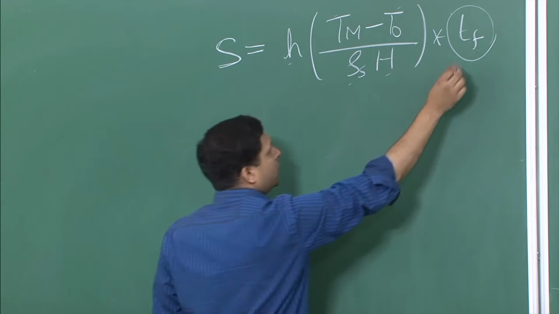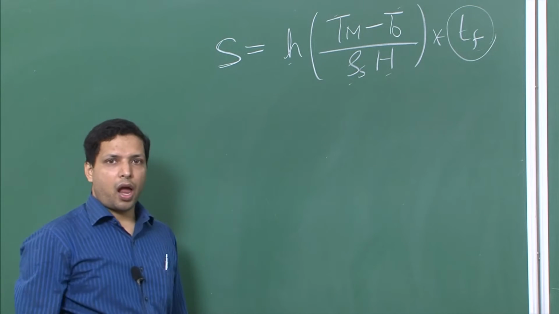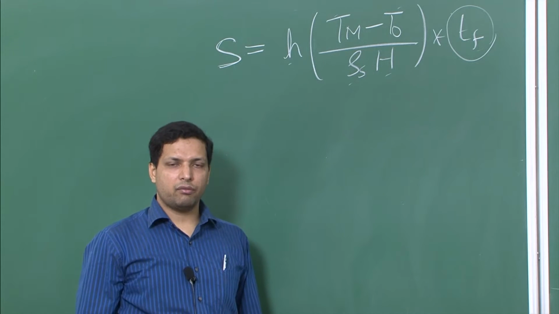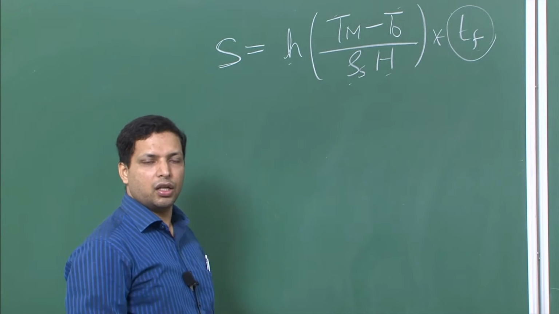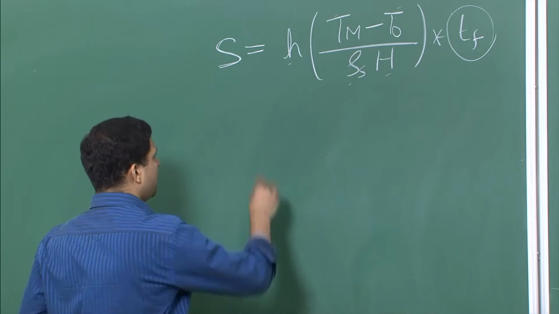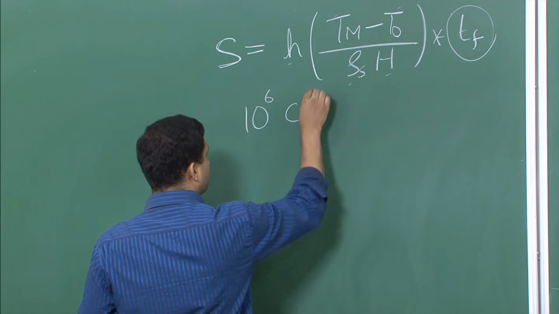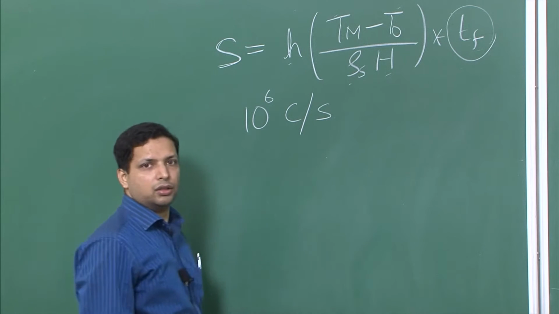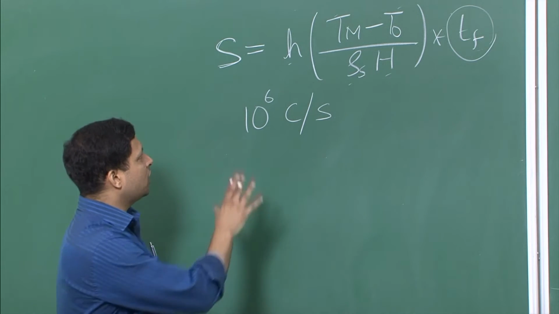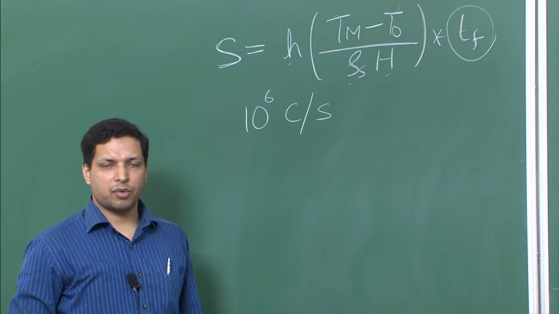So we don't know this, and what we have been asked is to relate it with cooling rate. Cooling rate is given as 10 to the power 6 Celsius per second. So now you know what data has been provided to you.